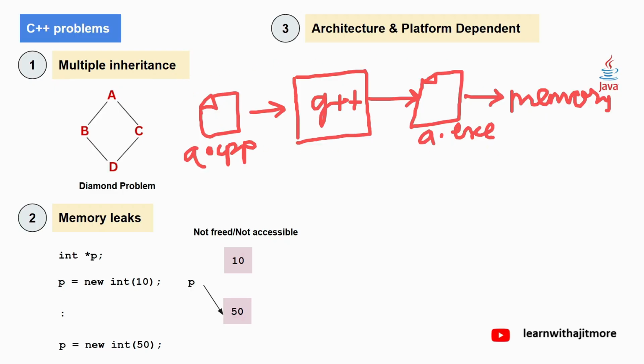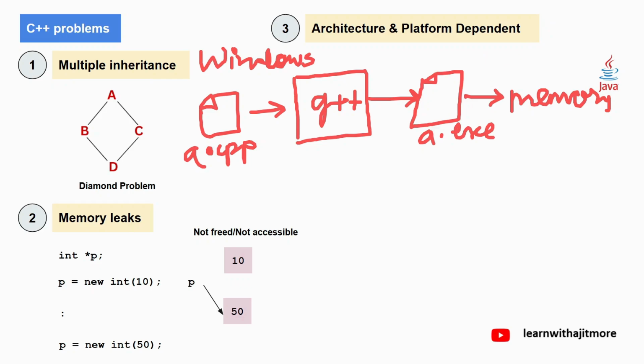But what I'm saying is that this whole thing is happening on a Windows system. If I take this exe to another system, like a Mac or a Linux system, I won't be able to run it.